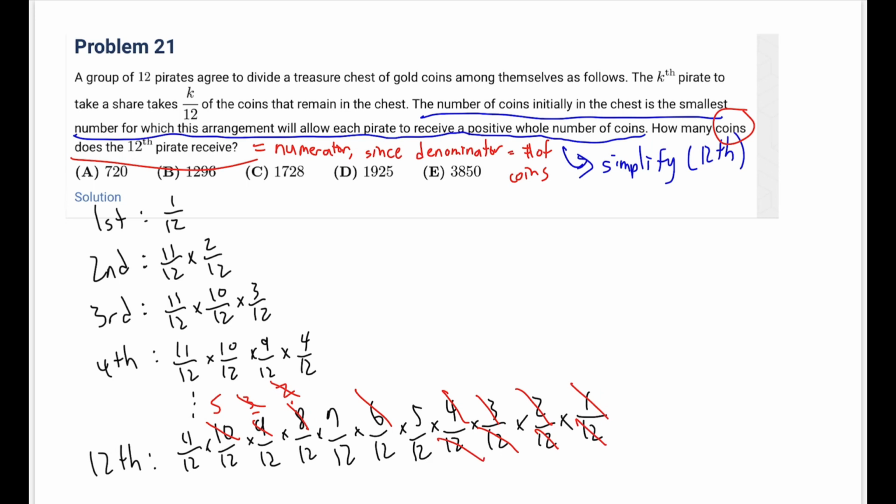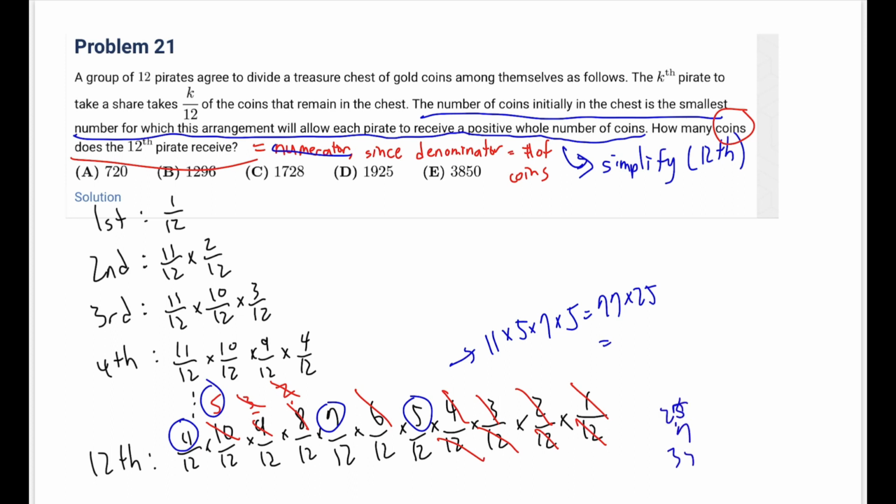And so the numerator of this whole thing would be 11, 5, 7, and 5 multiplied. 11 times 5 times 7 times 5 equals 77 times 25. This would be 1925. So the answer is D.